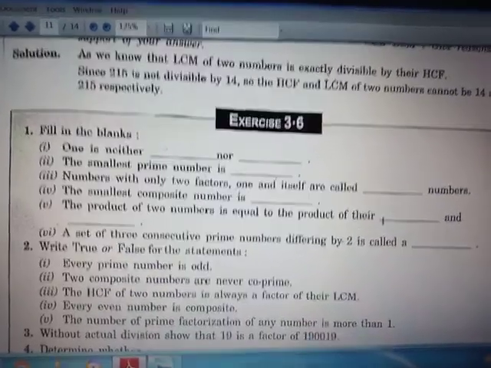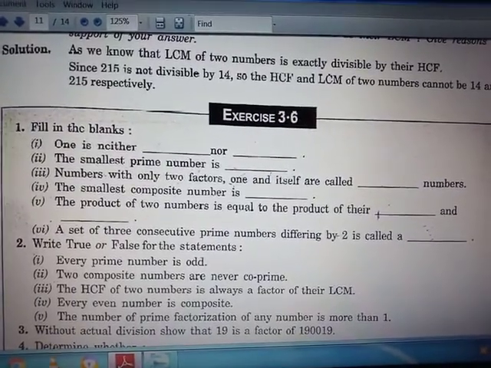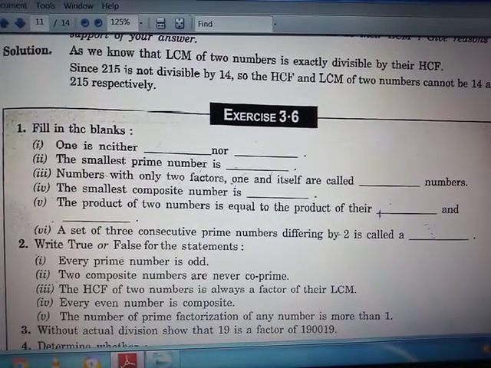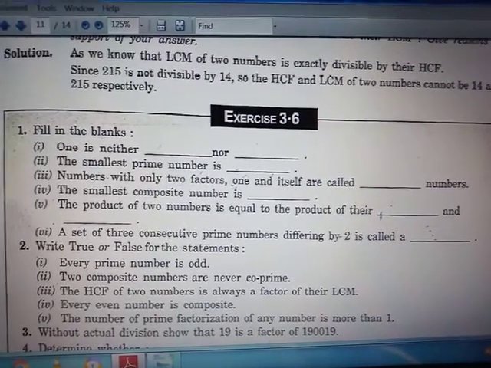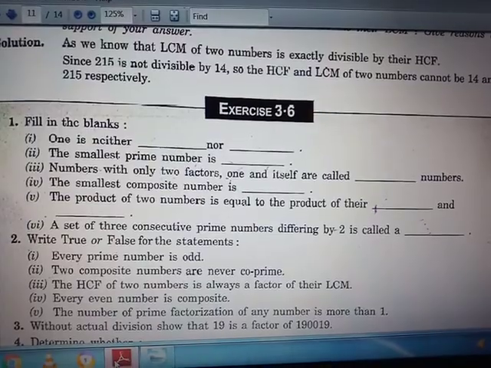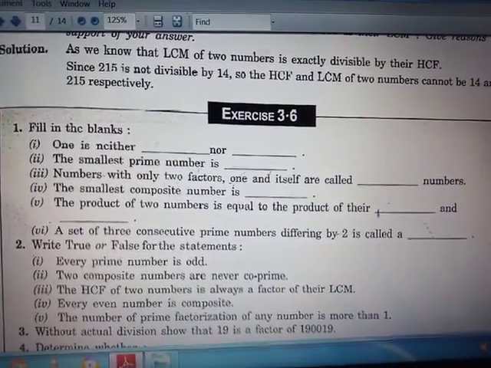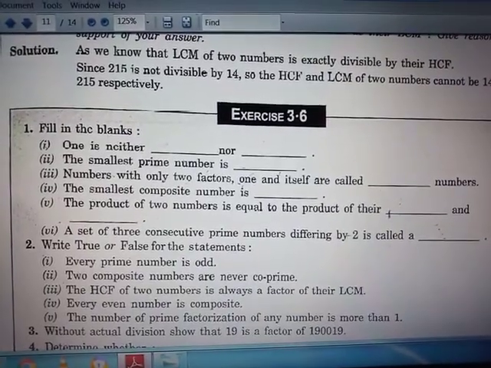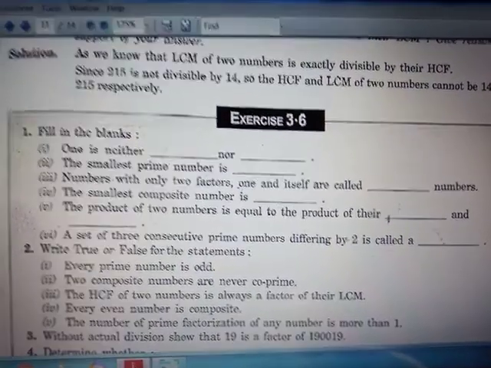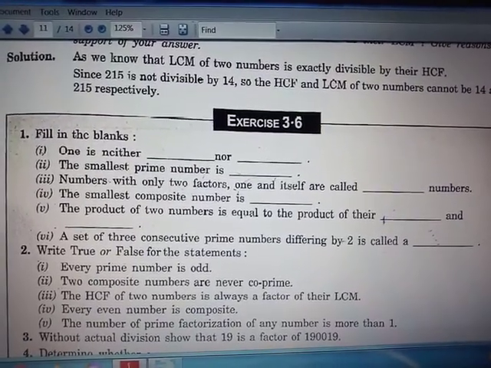Now here is our exercise 3.6 and its first question is fill in the blanks. The first blank is: 1 is neither. According to the chapter, we have gone through prime numbers and tests of divisibility of different numbers. If you find the factors of 1, there is only one factor, which is 1 itself, so it is not a prime number.